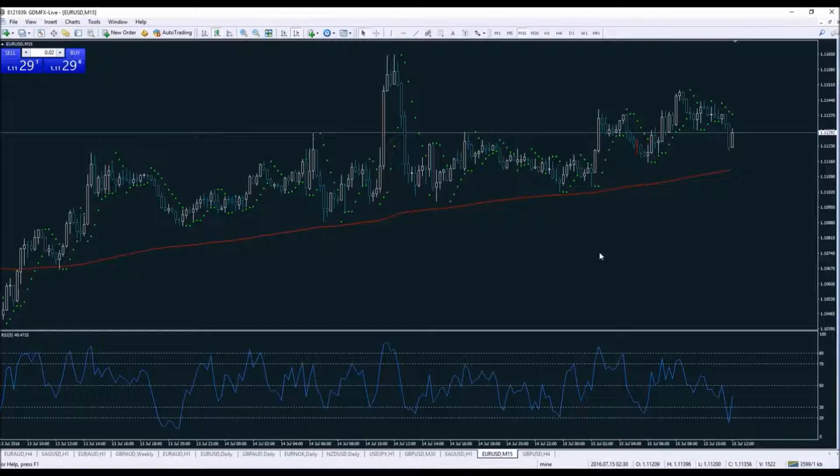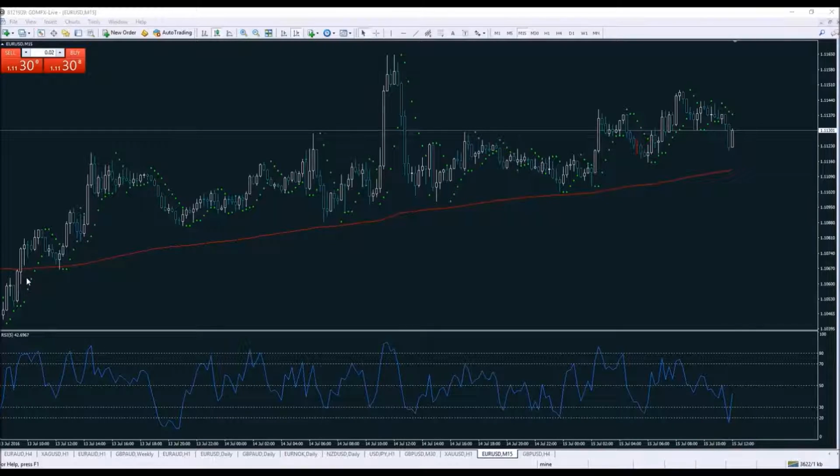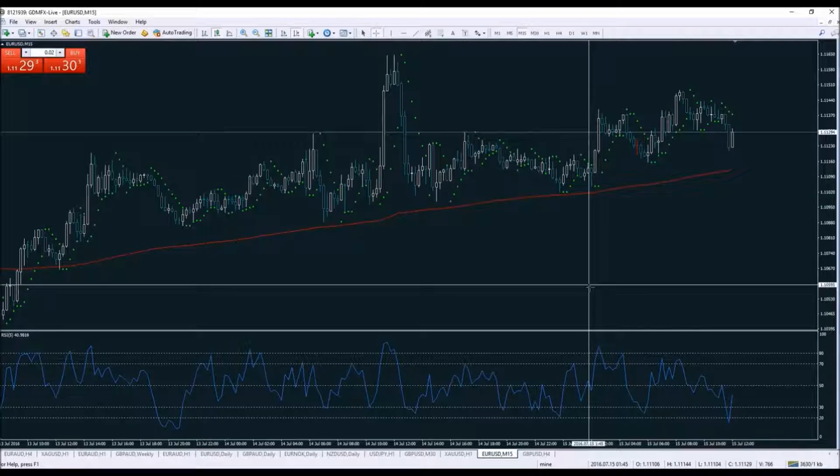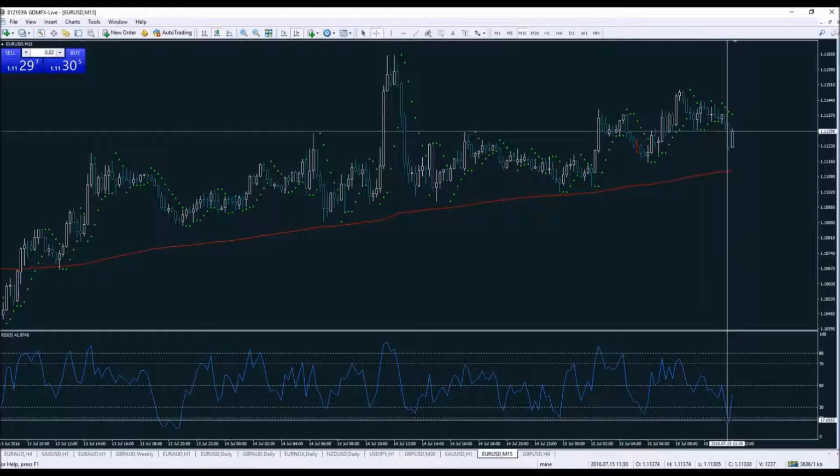Now, let's have a look at both of the indicators, what they're giving us, and at what period of time. Okay, once we have said all of this, first of all, we have to take a look at some of the recent movements of the market. The way we're using the RSI and the parabolic together, first we have to take a look at the extreme conditions of the RSI.